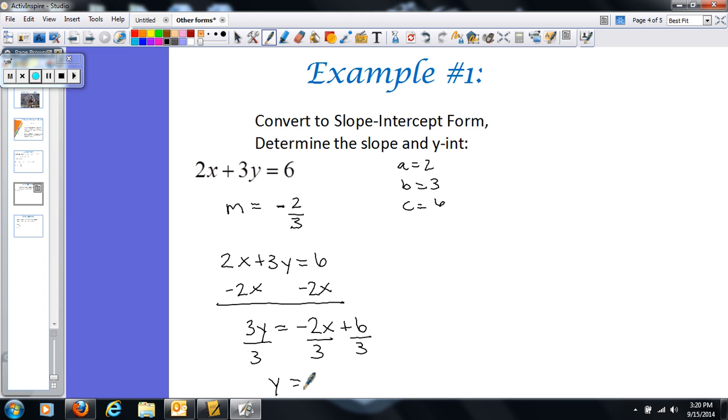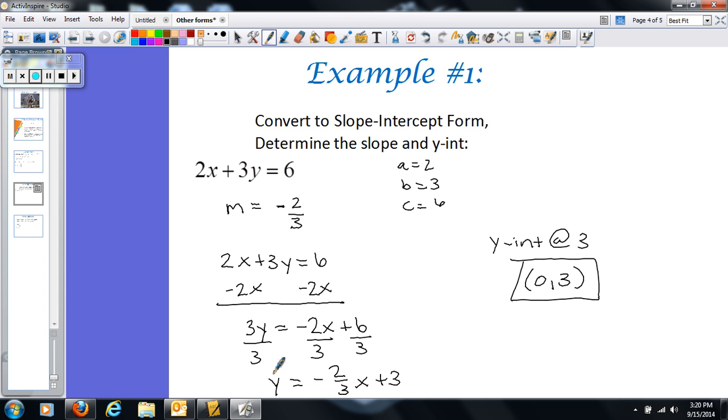And I get y equals negative 2/3 x plus 3. And that is going to give me a y-intercept at 3, which is the point 0, 3. Okay? So here's my y-intercept. Here is my slope-intercept form of the line, and then here is my slope.